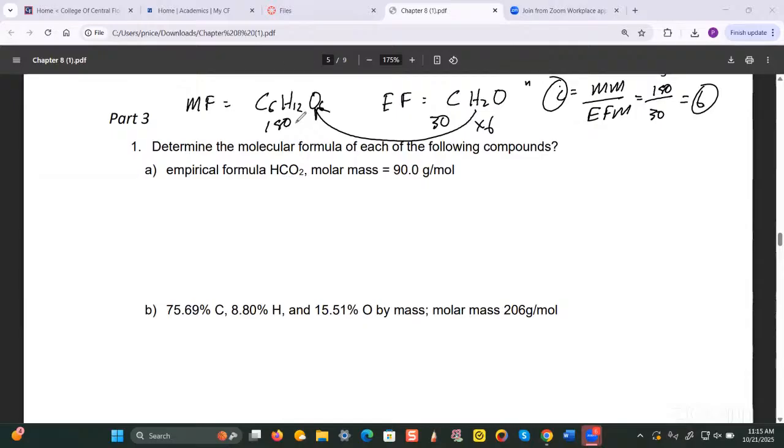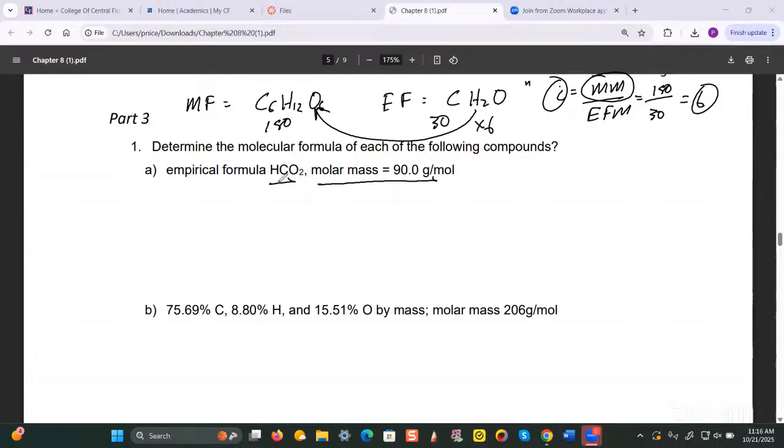So basically, the problems that we're going to look at here involve, to some extent, what we just talked about. In fact, let's look at the first question, 1A. It says, determine the molecular formula of each of the following compounds. Now, in this case, they gave you the molar mass, right? Which is this right here, right? And they gave you the empirical formula, right?